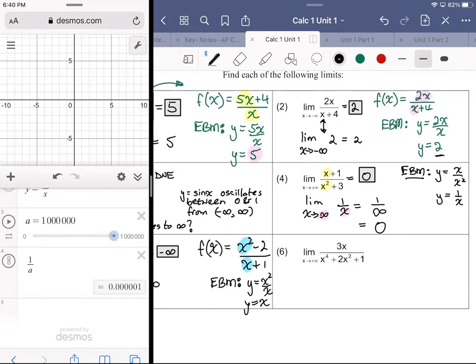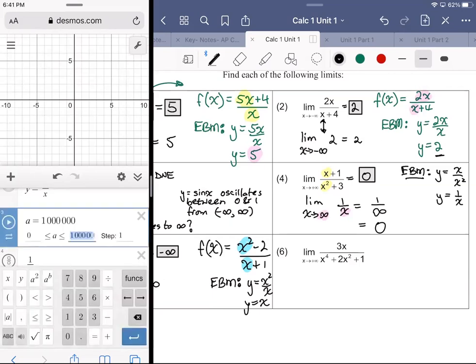If you go even further, right now you've got to be pretty convinced that it's approaching 0. There's never an instance where it went through 0 and started becoming negative. But if you need to really convince yourself, just keep adding zeros as much as Desmos will let you.